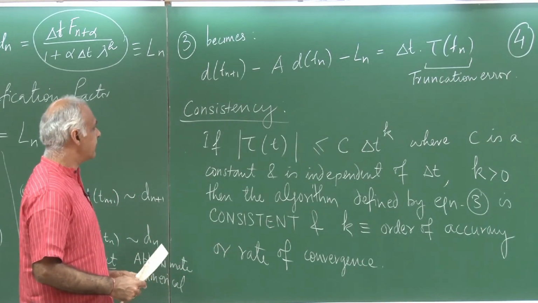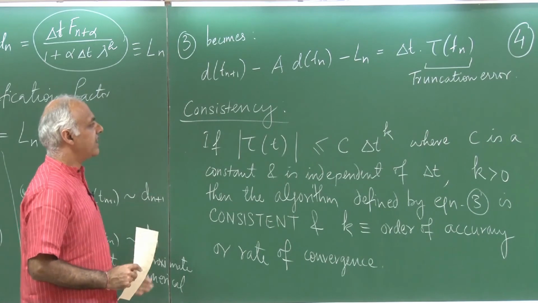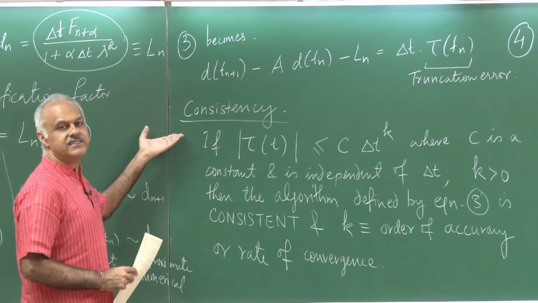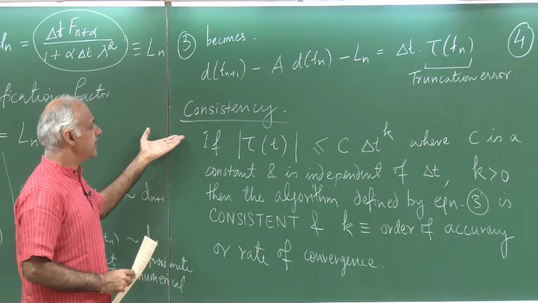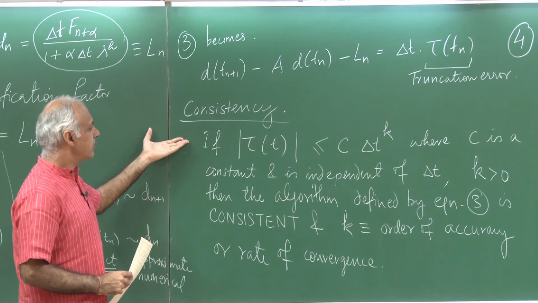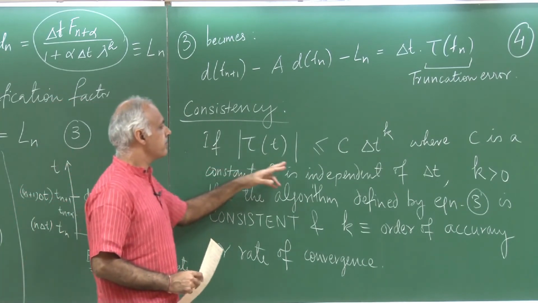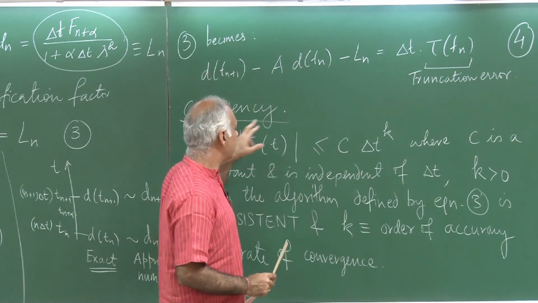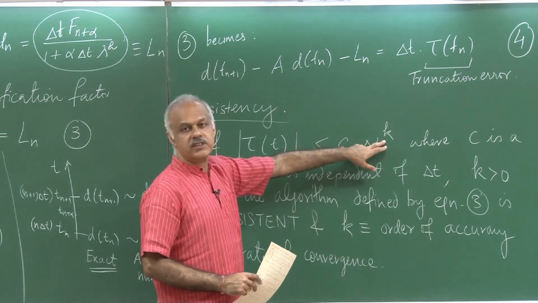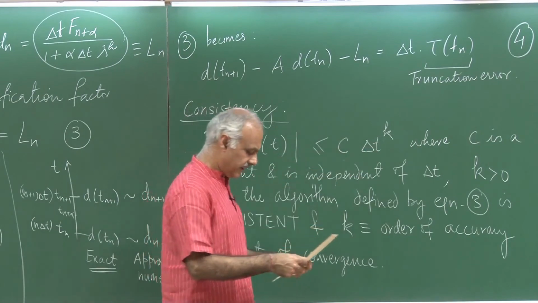So, that is the definition of consistency, and now we are going to show that the generalized trapezoidal rule that we are using is actually a consistent method. So, we will show that there exists a form of truncation error that looks like this, and we will also try to determine what k is. So, let us do that.